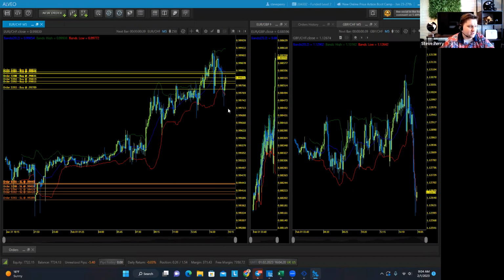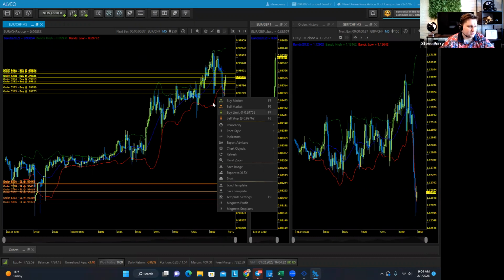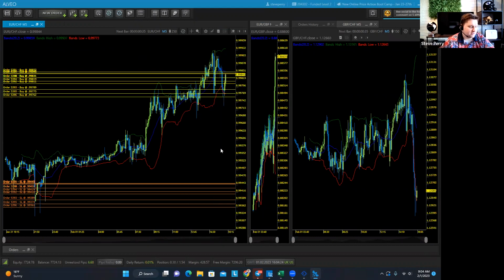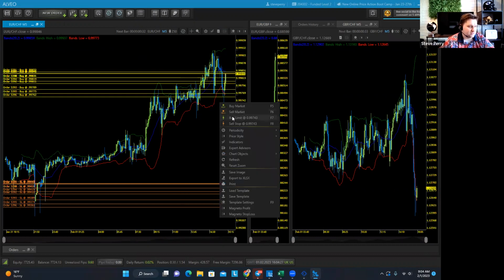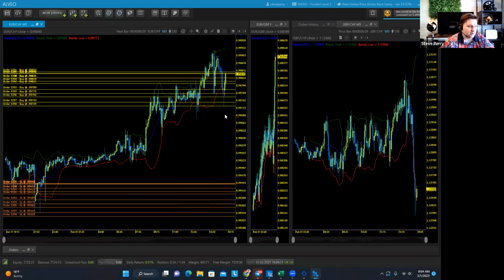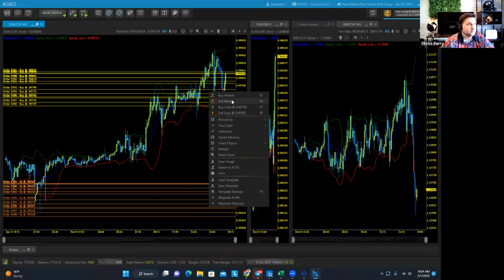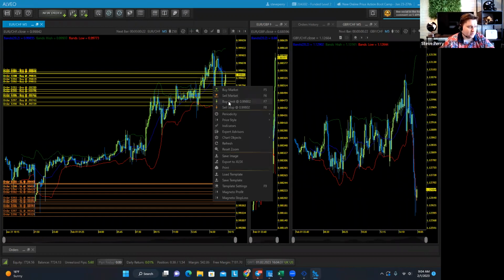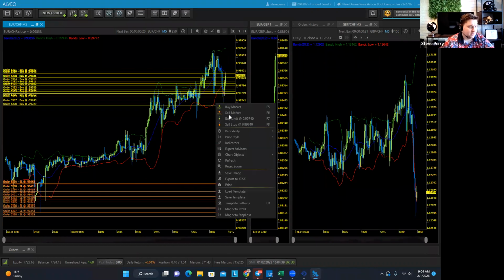I want to scale into this if it dips into this accumulation a little bit more, because, like I said, we just got the okay from the market to be a buyer right now. So definitely want to be on that side. I hope that makes sense. You definitely want to be on the buy side of this.